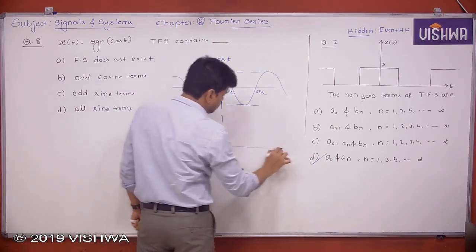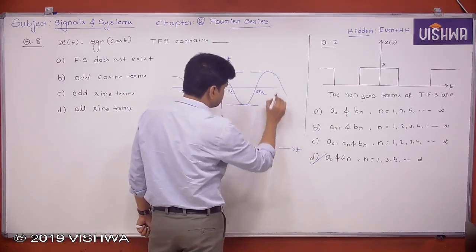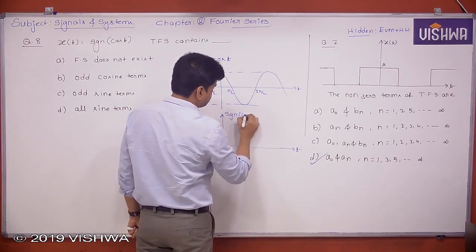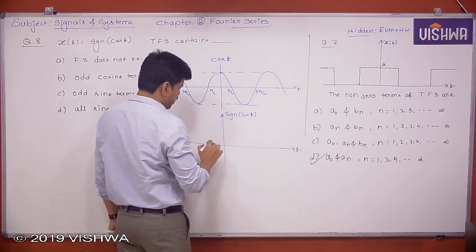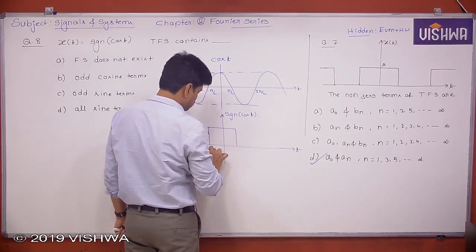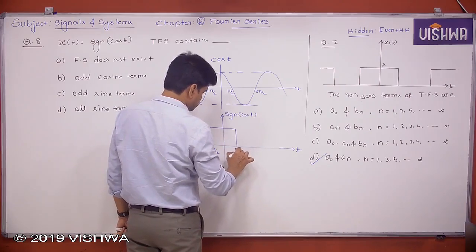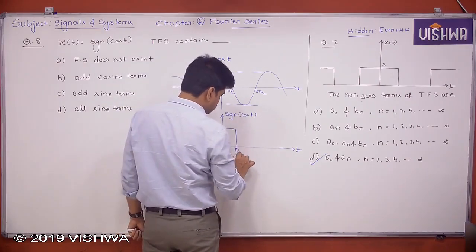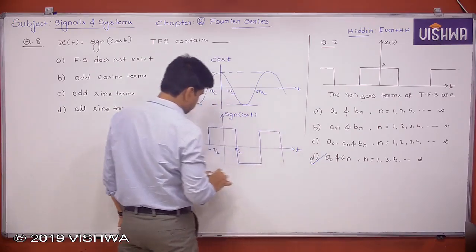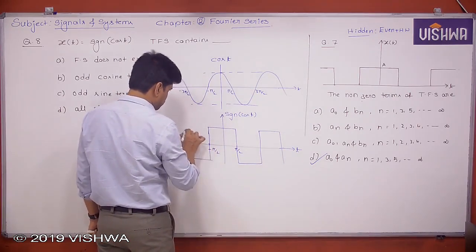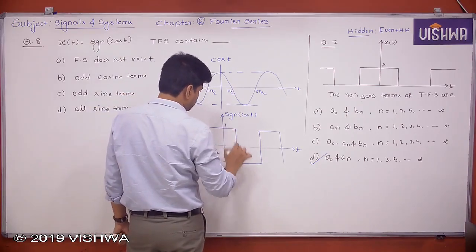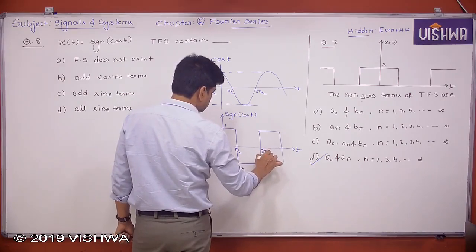If I draw the signum cos t, then from minus pi by 2 to plus pi by 2 its value is 1, and from pi by 2 to 3 pi by 2 its value is equal to minus 1. It will keep on going like this.